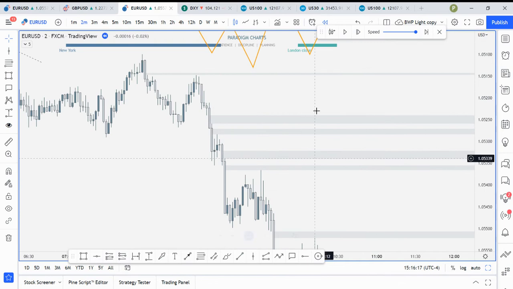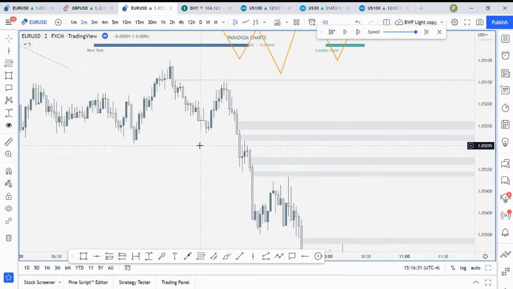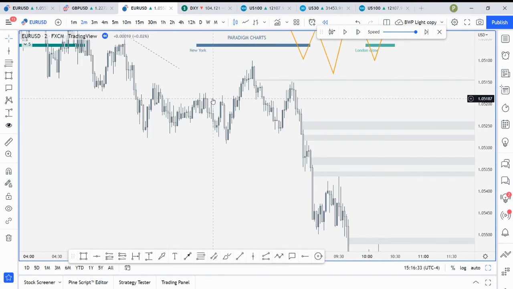If price should come back to this level, you can see that this energetic move broke structure to the downside. Can we call this an order block? Yeah, it's an order block, but there is a liquidity sweep, but it wasn't an immediate break.